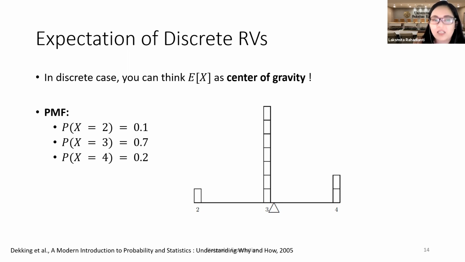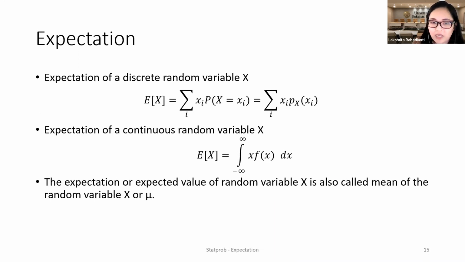So we can see here that more or less the expectation of this particular X is somewhere around 3 point something, and this is your center of gravity. If you want to compute it mathematically, you can compute it if you have a discrete random variable as such, and if you have a continuous random variable as such.